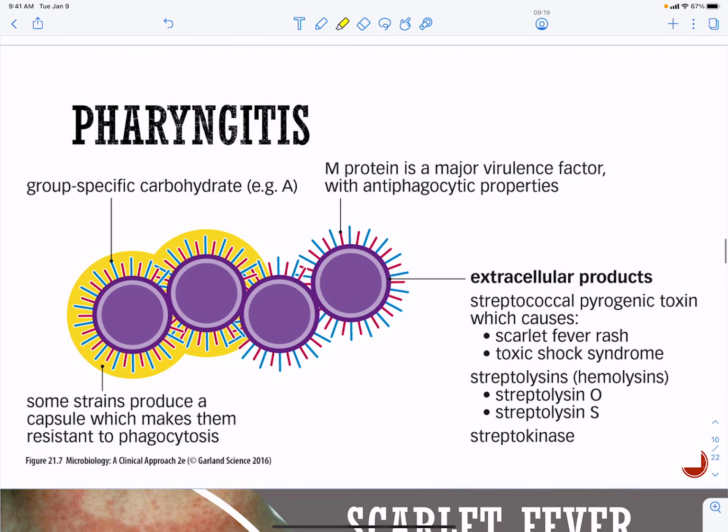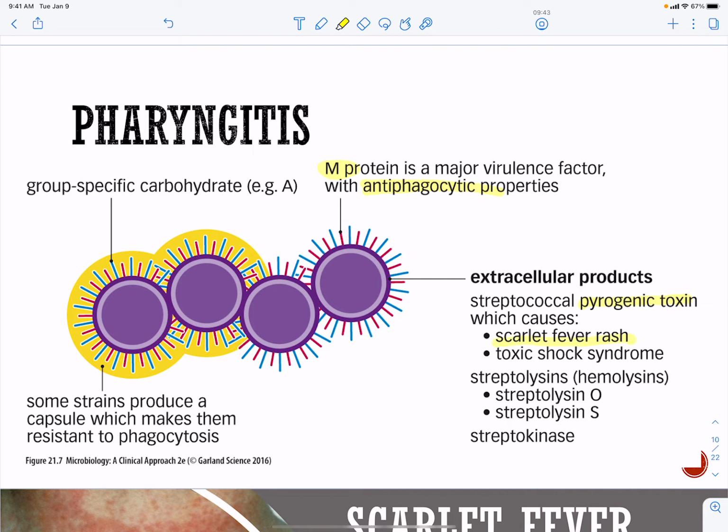Now, pharyngitis is going to be important with respect to Streptococcus pyogenes. And again, this is a group A strep. They have what's called an M protein. This is going to help them adhere as well as prevent neutrophils in our immune system from eating them. So they have an anti-phagocytic property. They're also going to have a pyrogenic toxin.